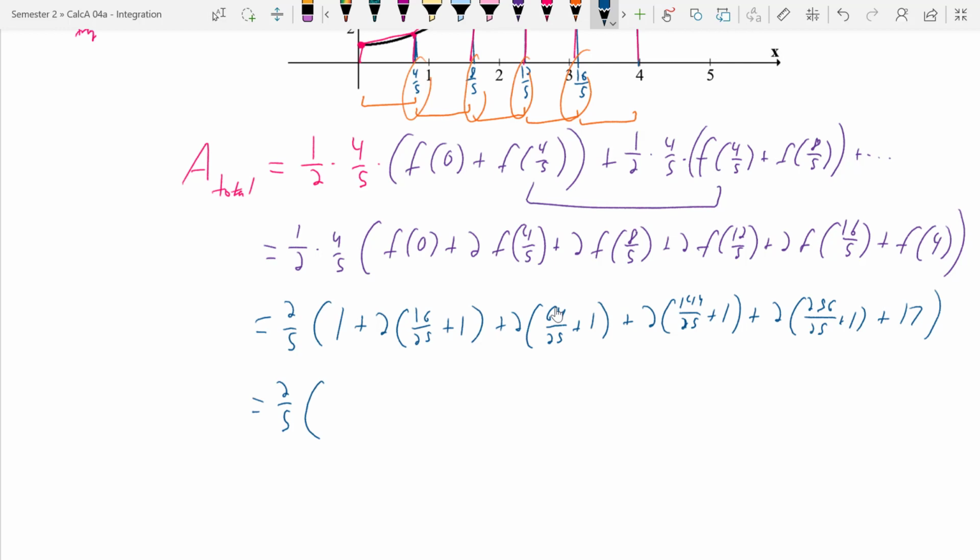This is going to be 1 plus 2 plus 2 plus 2 plus 2 plus 17, so that's 3, 5, 7, 9, and 17 gives 26, which is all the constant numbers, plus 2 times, let's add up all the fractions, 80 plus 144 is 224, and then 224 plus that is 480, so I have 480 over 25.